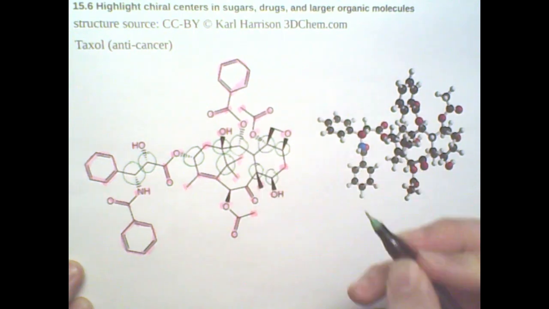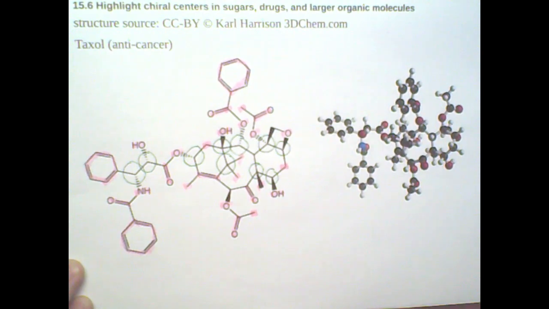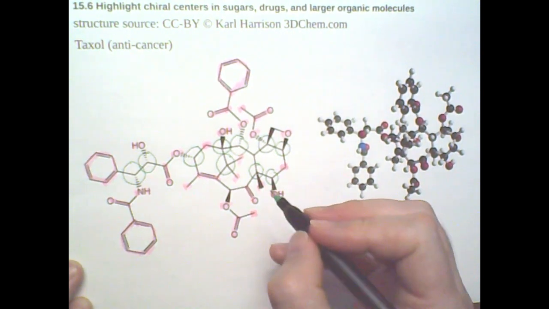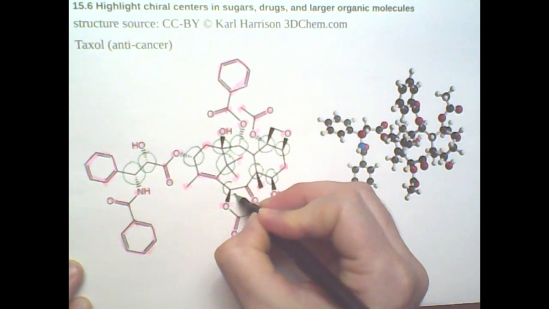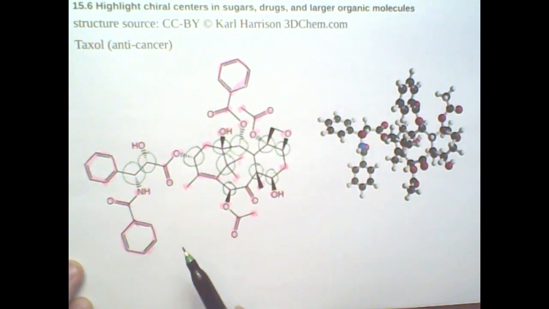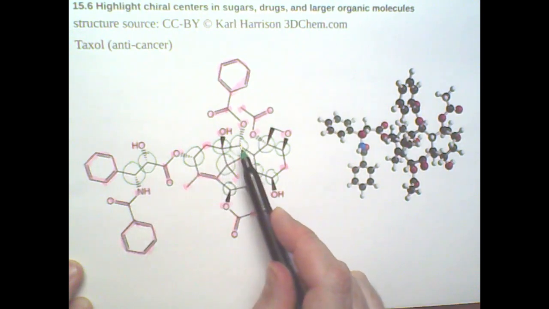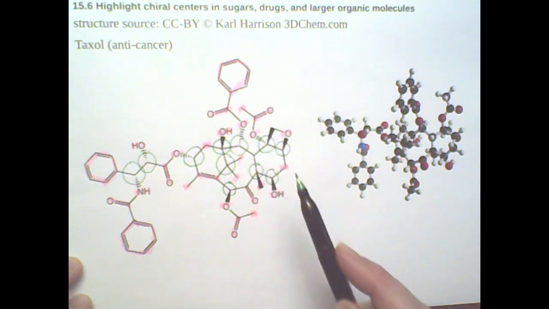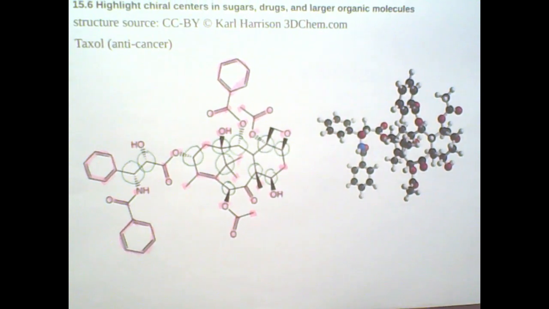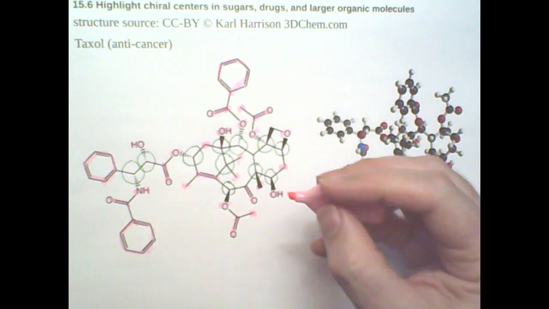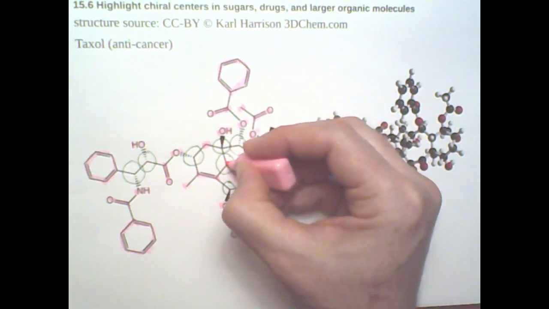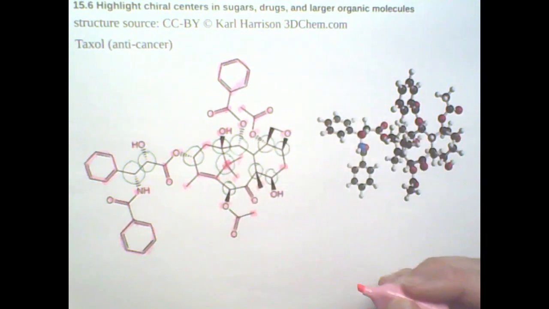So very quickly, we went from a large molecule with around 50 carbons in it to having just 1, 2, 3, 4, 5, 6, 7, 8, 9, 10, 11 possible chiral centers. One of those we can eliminate because it has two methyl groups. So now we've just got 10.